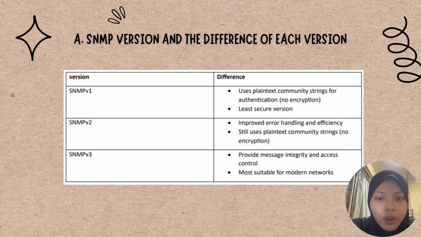Secondly, it is the least secure version. For V2, the differences are improved error handling and efficiency, but it still uses plain text community strings and no encryption. For V3, it provides message integrity and access control and is most suitable for modern networks.